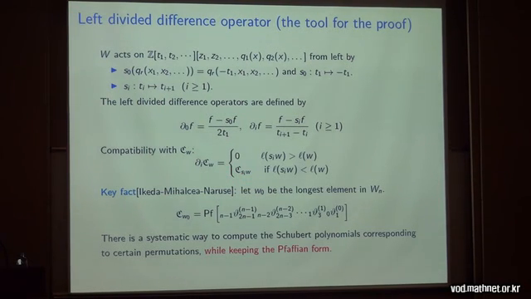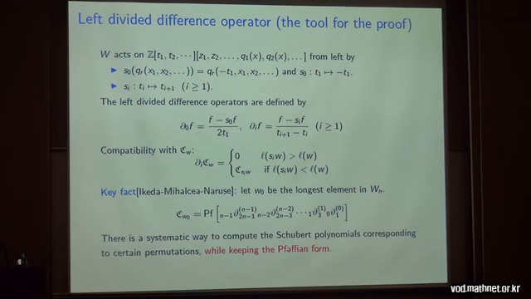So in this way, once you have a good formula for the double Schubert polynomial indexed by some Weyl group element, then you can calculate all the others by applying divided difference operators. We use this compatibility condition to calculate the formula for the double Schubert polynomial for the isotropic Grassmannian.